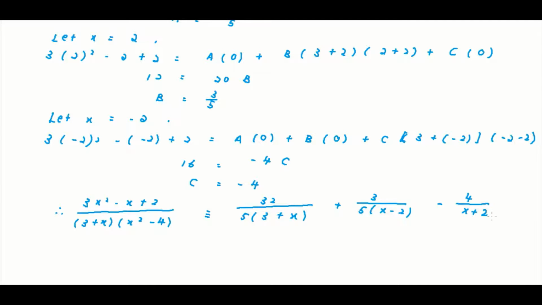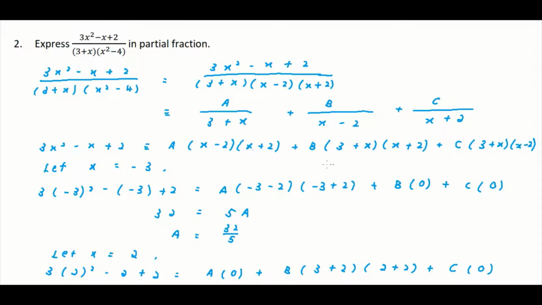Okay, so this is the part for our case 1, which means that for all the partial fractions that we need to solve, the denominators are distinct linear factors, meaning that you have linear factors that are different from each other. So now we'll be looking at case 2.